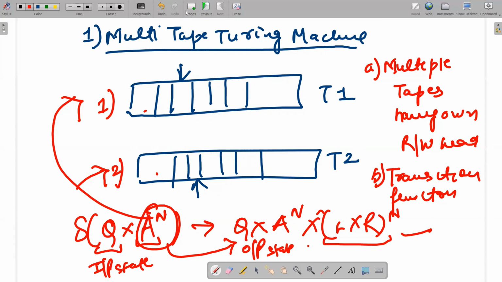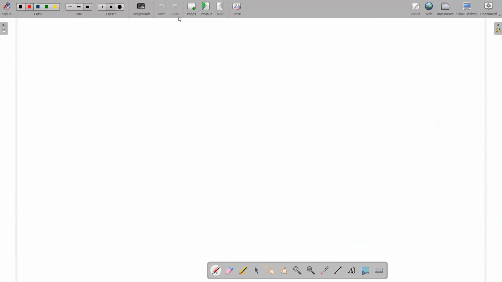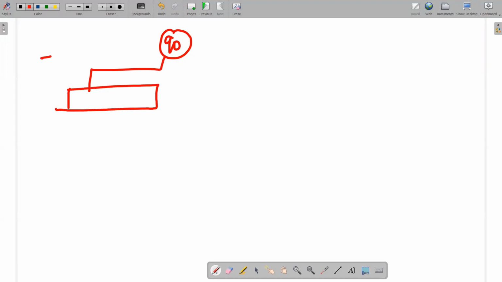I'm just taking a very simple and basic example of a multi-tape Turing machine where we have a state, let's say Q naught, that is one state. This is for tape number 1.